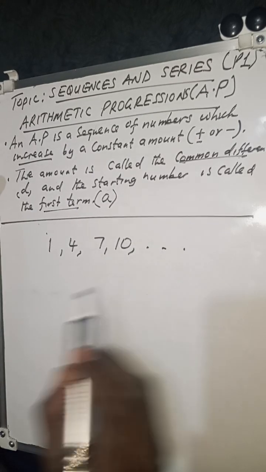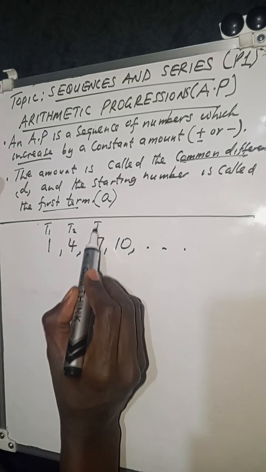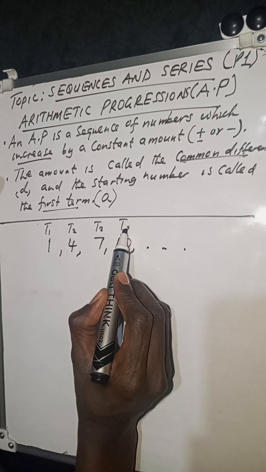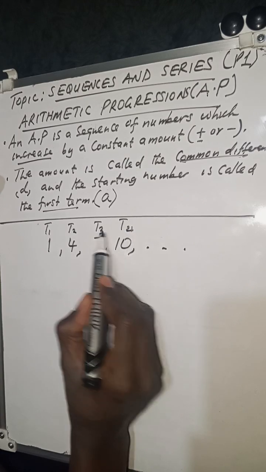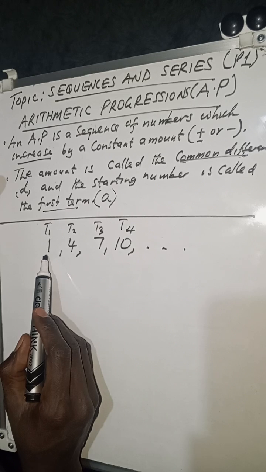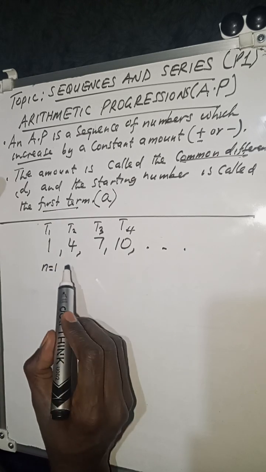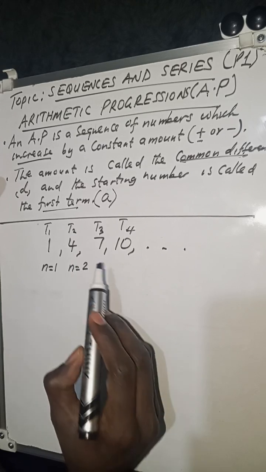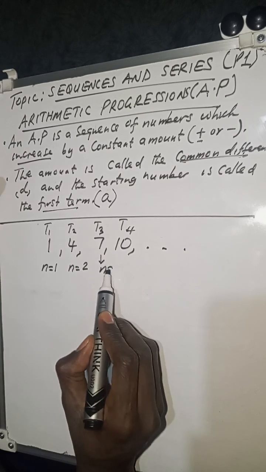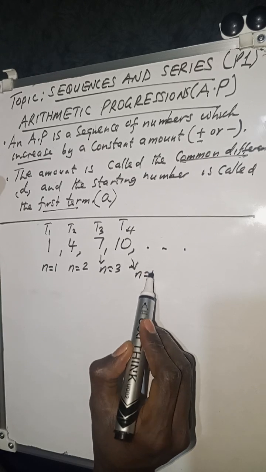This is T1, T2, T3, and T4, and so on and so forth. So this one is the first term, when n is equal to 1. Here this is the second term, so n is equal to 2. This is when n is equal to 3, and this is when n is equal to 4.